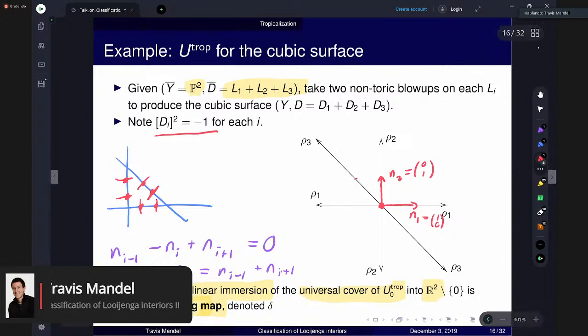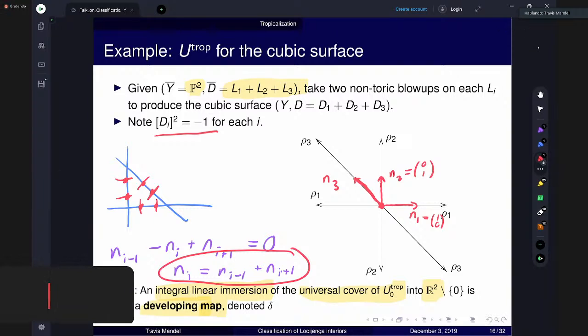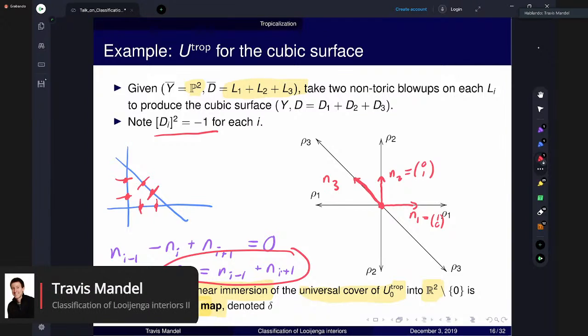And then n3 is determined by this equation, either of these equations. So n3 should satisfy n3 + n1 = n2. That tells you that n3 should be the vector (-1, 1), so that when you add it to n1, you get n2.